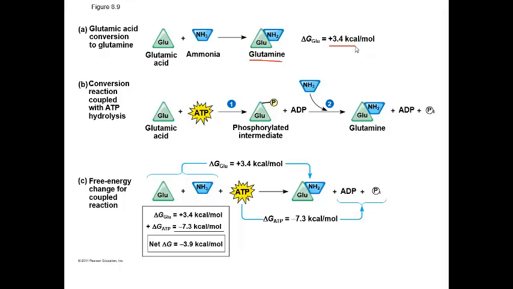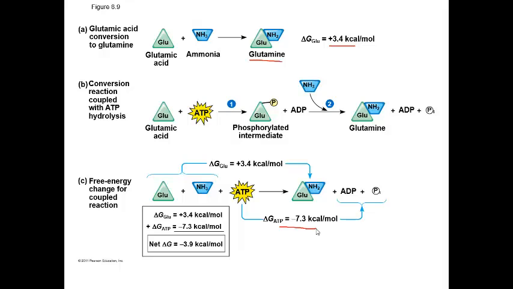ATP is going to be the fuel source that drives this endergonic reaction. When ATP is hydrolyzed, you can see here that it releases 7.3 kilocalories of energy. And that energy released is going to be the fuel source that drives this chemical reaction.